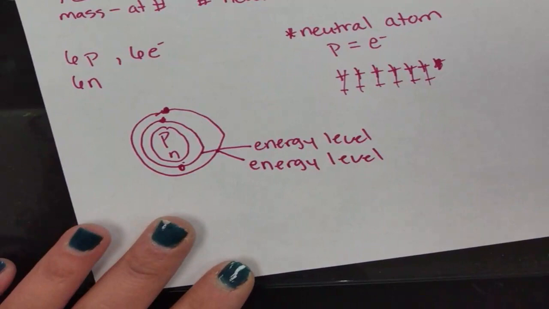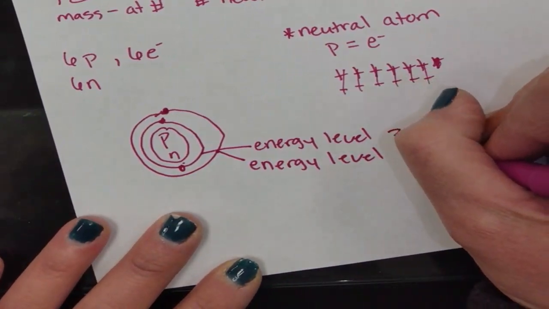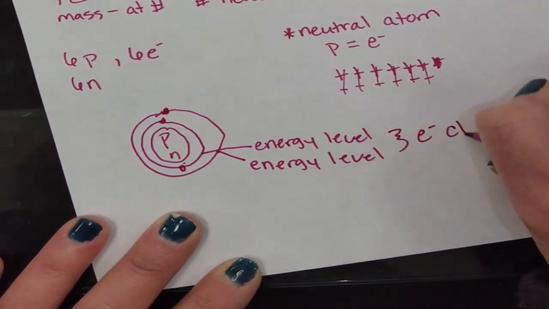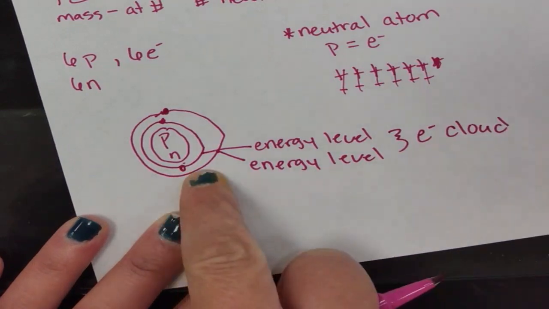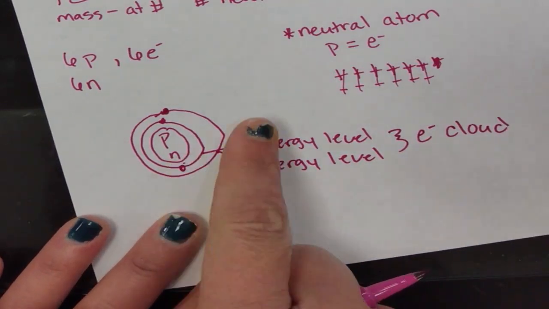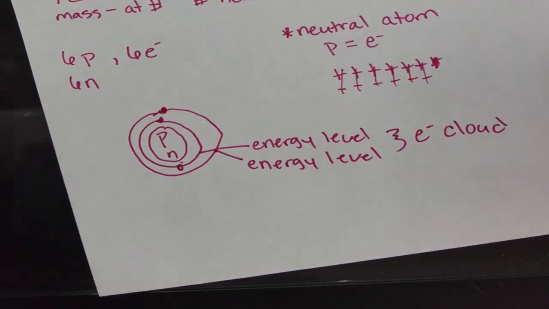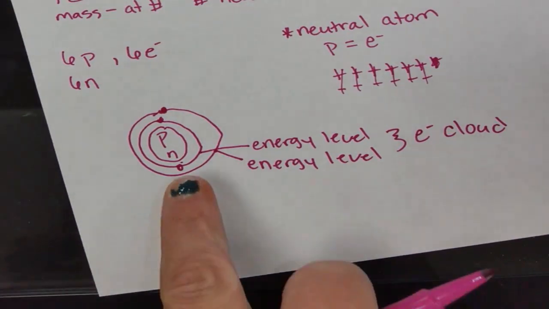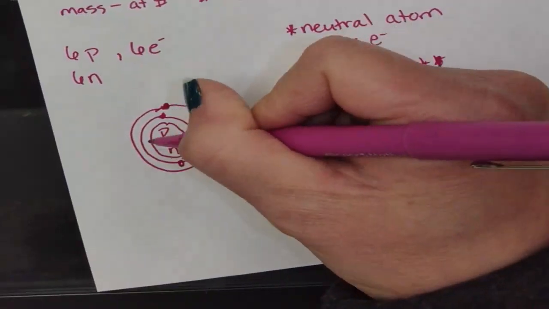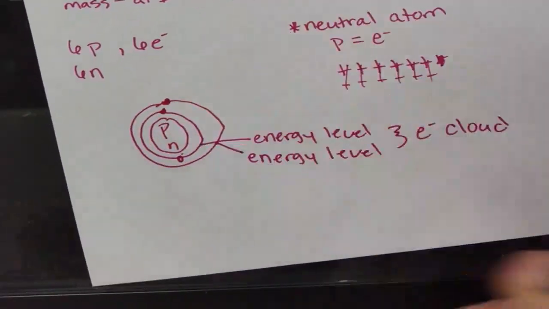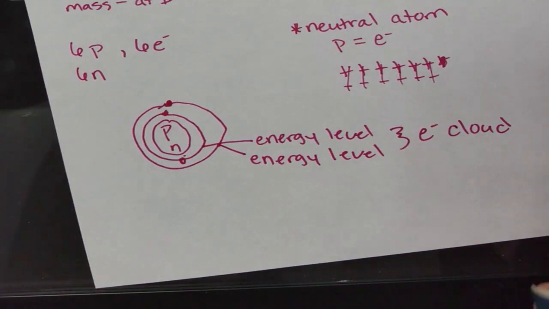When we put energy levels together, we call that the electron cloud. So all the energy levels together is the electron cloud. So in this picture that I've drawn here, I have 2 energy levels making up the electron cloud.